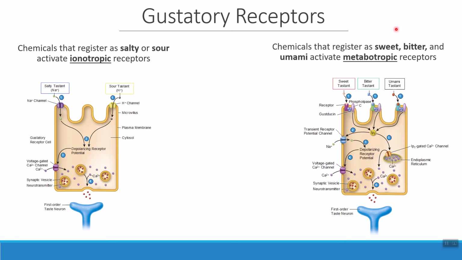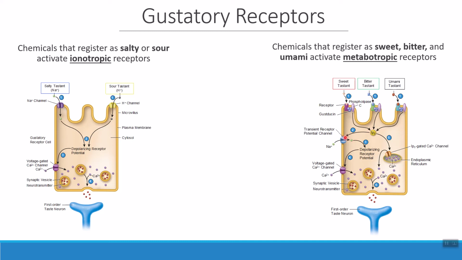When we're talking about the sensations of sweet, bitter, or umami, these sensations use metabotropic receptors. Remember that metabotropic receptors are my indirect kind of receptors. So a tastant attaches to my receptor, which activates a protein inside the cell, activates another protein inside the cell.